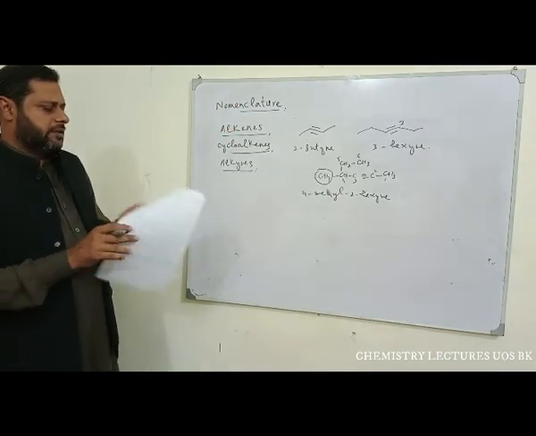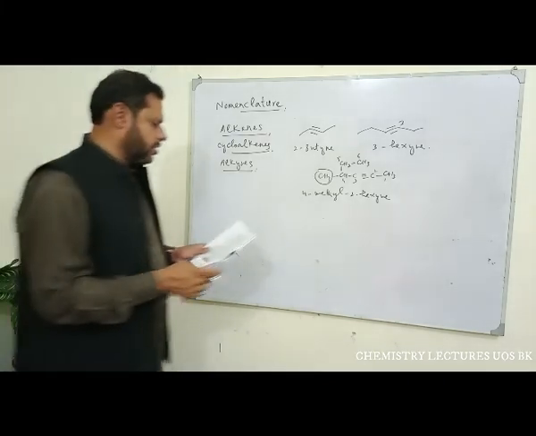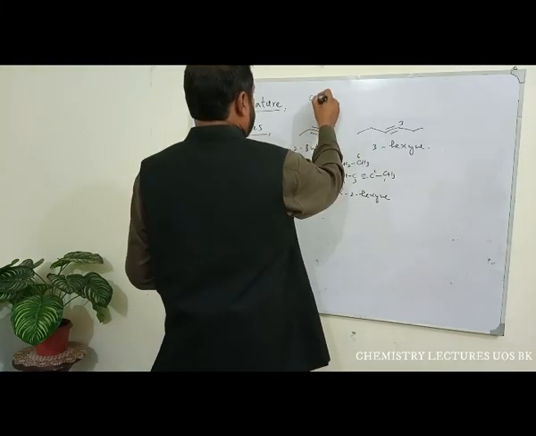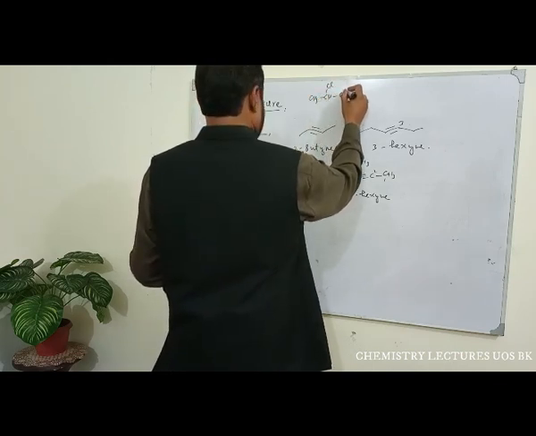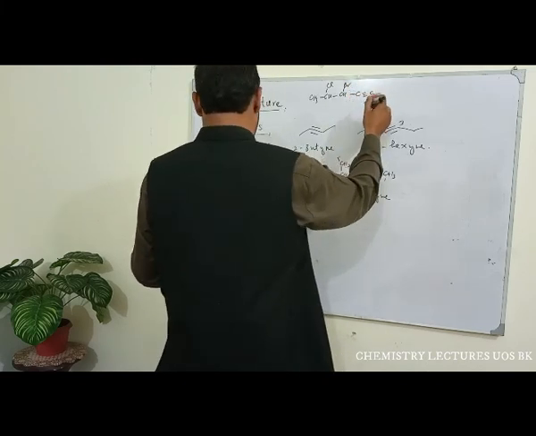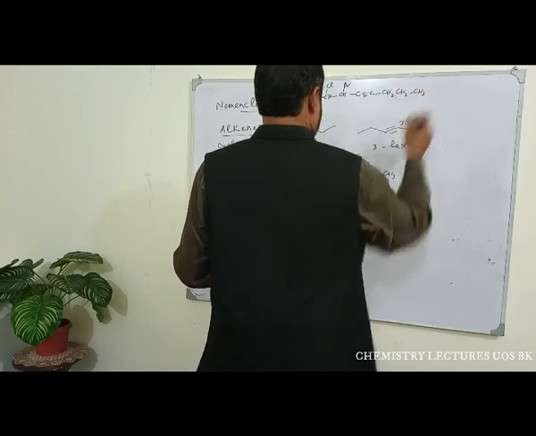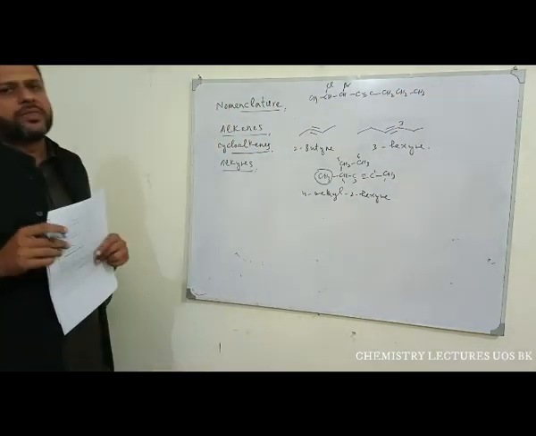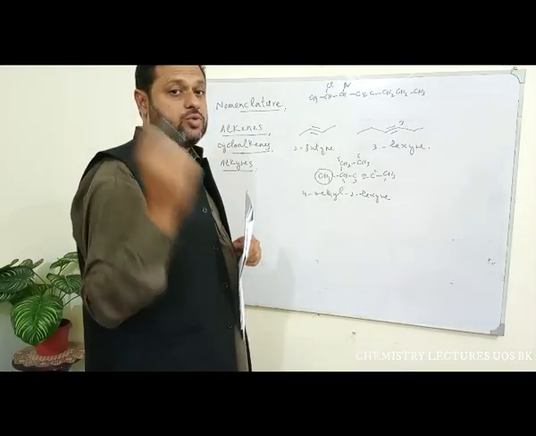Okay. Next one. If we have any other substituent with the triple bond, like this one, in this case we have to take care that we give the least possible number to the triple bond.